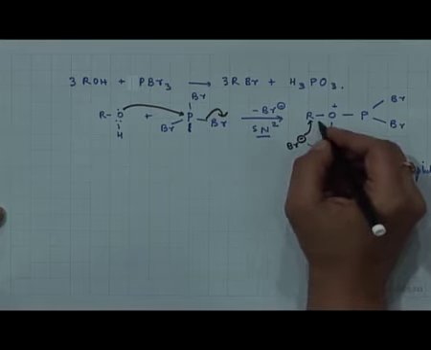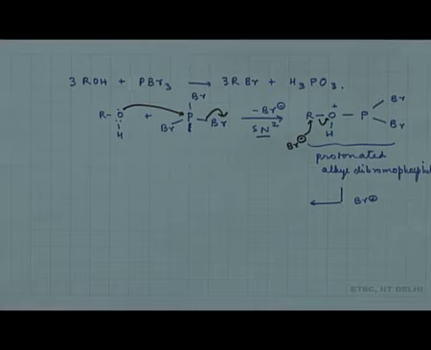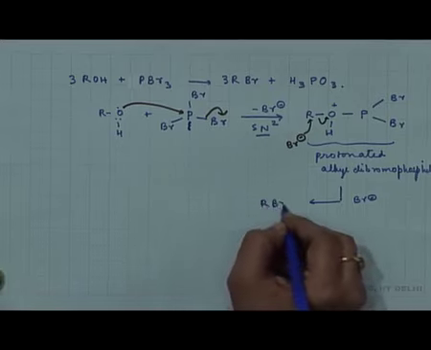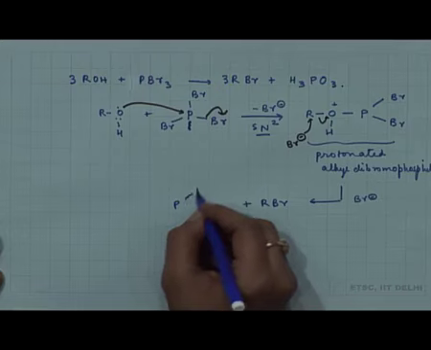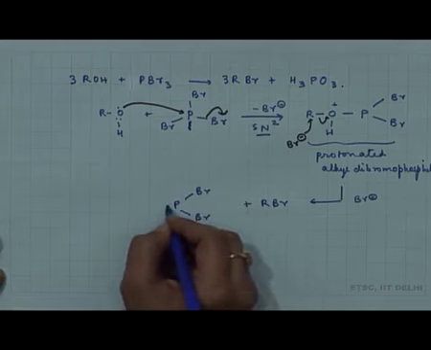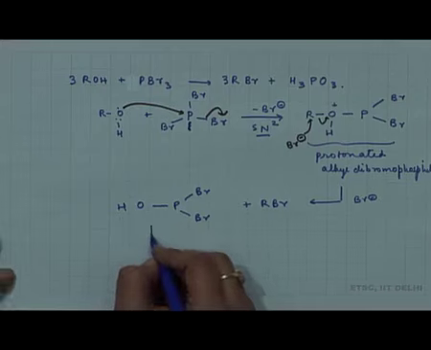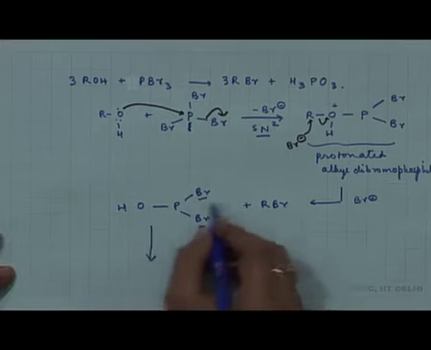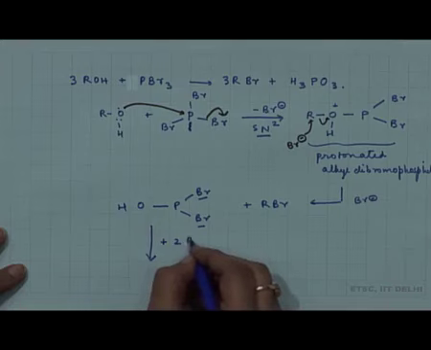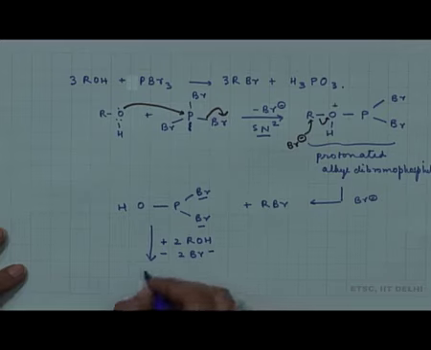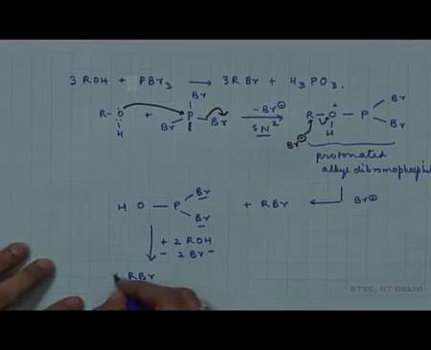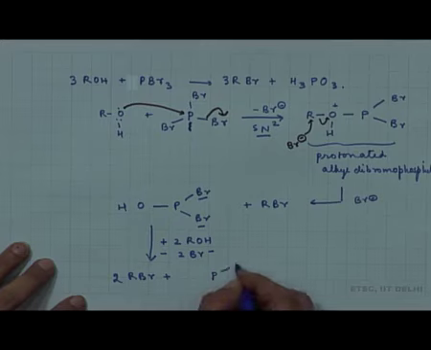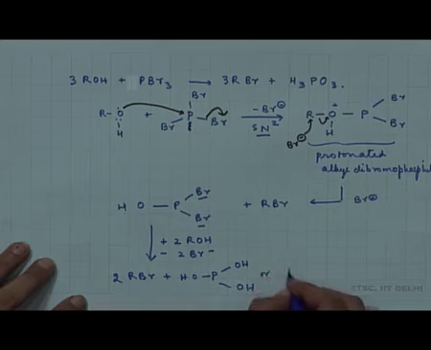This goes and attacks here. So, what you get is RBr plus this, and since there are 2 bromines present here, it can again react with 2 molecules of alcohol, right, and undergo loss of these 2 Brs to give you 2 molecules of alkyl bromide along with formation of this acid, which we can say is a phosphorus acid.